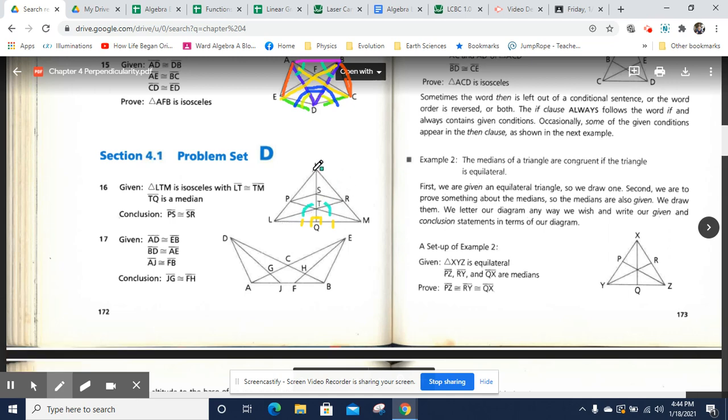So we can now prove that KTM and KTL are congruent by side, angle, side. Once we have that, we will now know that we're starting to get pieces of KPS and KRS. So that gives us this. Let me undo that. That was very clumsy. Let's try that again. We know that KPS and KRS are congruent.